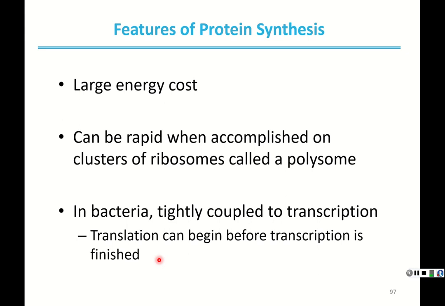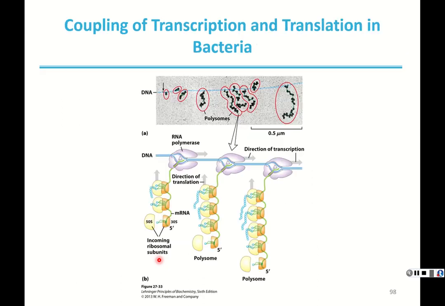That was sort of the point of that: in a bacterial cell, you can have a gene that's being transcribed into messenger RNA, and you can have ribosomes on that messenger RNA as it's being transcribed. That doesn't happen in eukaryotic cells because transcription happens in the nucleus and translation occurs in the cytoplasm. So they're spatially separated.